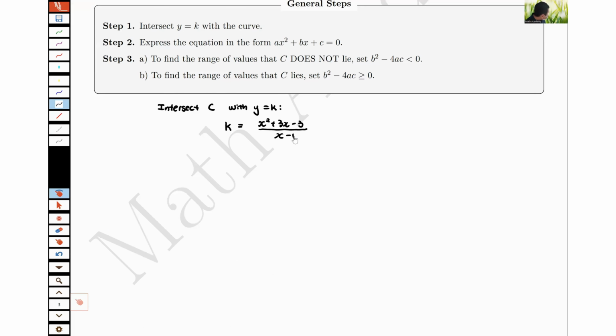We do that intersection. That's my step 1. Step 2, can we force it into a quadratic equation? Rearrange. Force it to become a quadratic equation structure. I cross multiply, we get it expanded, and I'm going to move everything to one side.